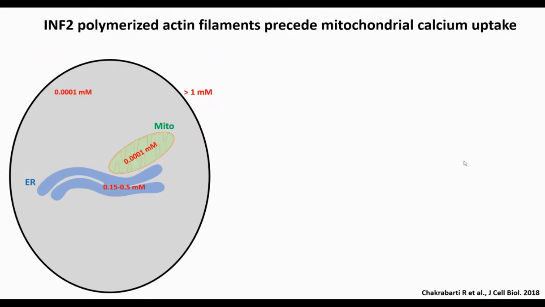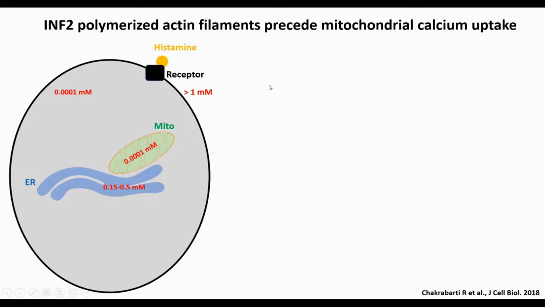Now, we wanted to test this in a more physiologically relevant pathway in which we add an agonist that can specifically allow calcium efflux from the ER. So nothing comes in from the extracellular source, but everything comes out of the ER.